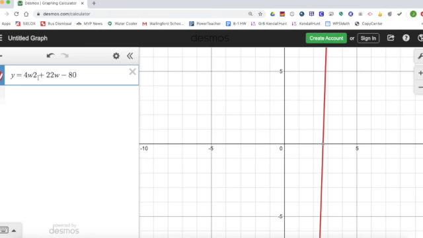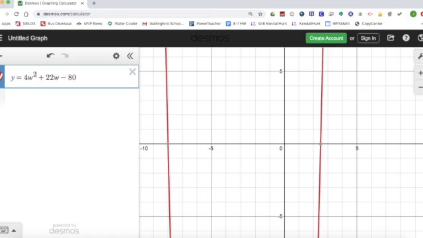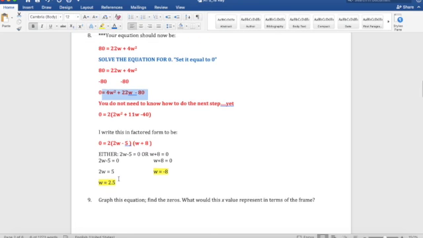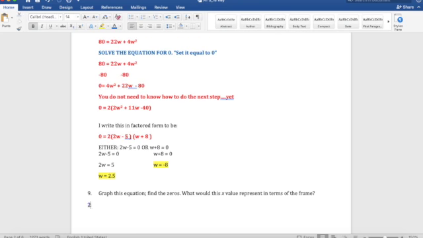For W, I need a square there. Okay. And you can kind of see the zeros there, right? The 0 of 2.5 and the 0 of negative 8. All right. So again, those would be the width values that work in my situation. So the zeros are 2.5 and negative 8.